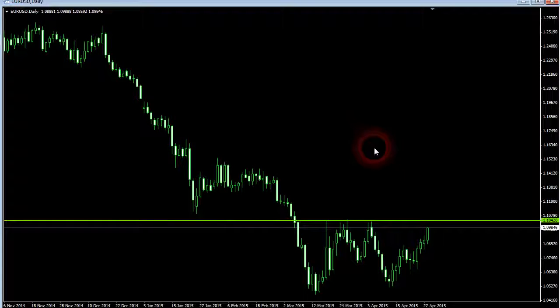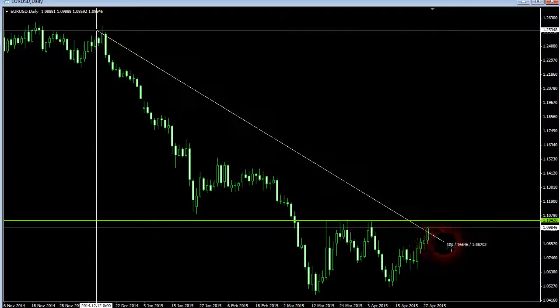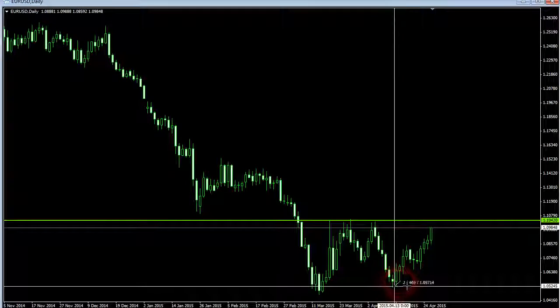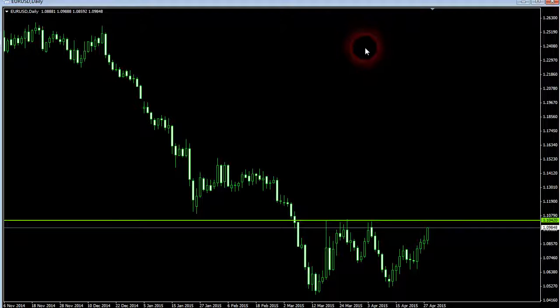So now we know, looking at the higher time frames, we know the trend is bearish, but we can also see that the price has been moving up for the past week or 2. So this is how you take a look at the trend.